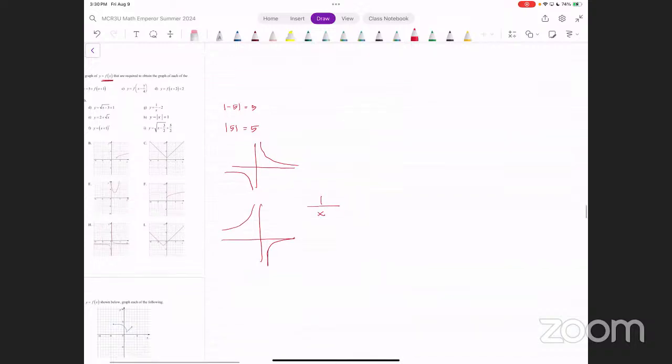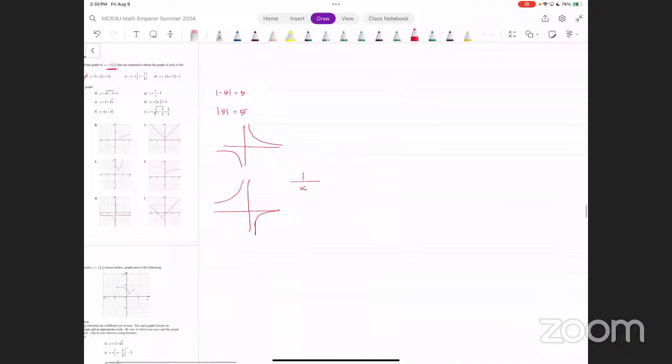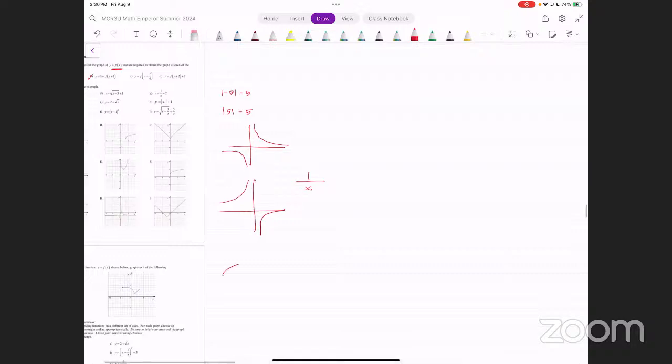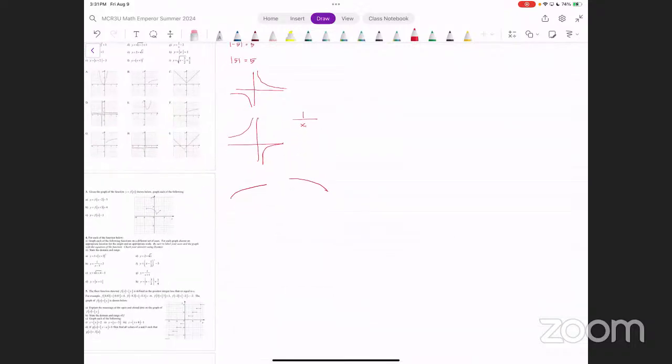Function. You get the picture? You see how to look at the shapes? Last but not least, the square root function will only go on one side. It can go this way, it can go this way. Anything that curves like that is a square root function, right? So what we want to see is, this is a thinking question.